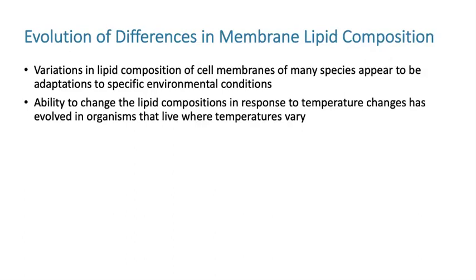Things that have evolved in warm temperatures are more likely to have saturated fatty acid tails and little or no cholesterol. Interestingly, organisms that live in environments where the temperature fluctuates a great deal have evolved the ability to change the composition of their plasma membrane depending on what time of year it is or what temperature it is outside.